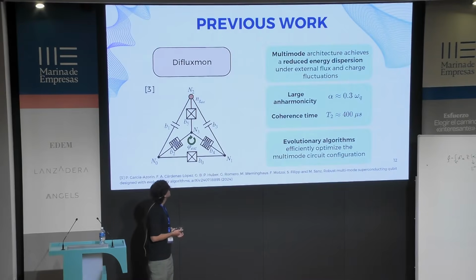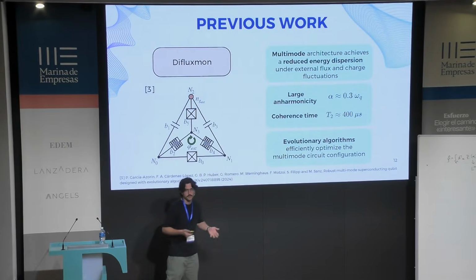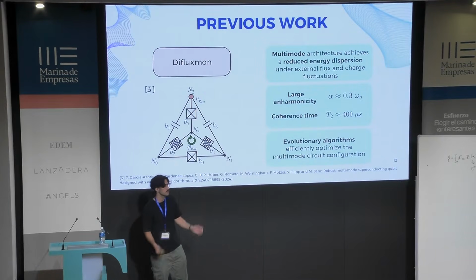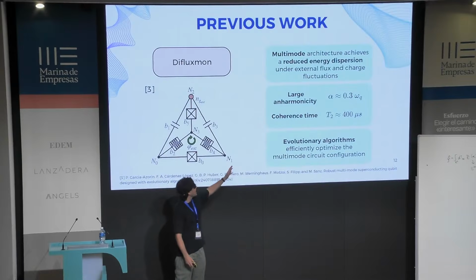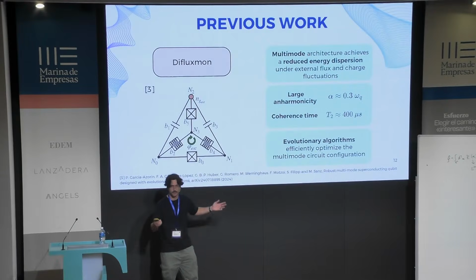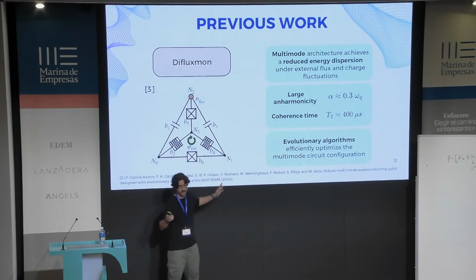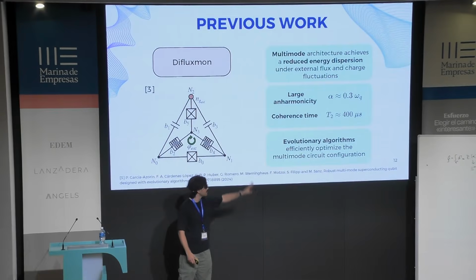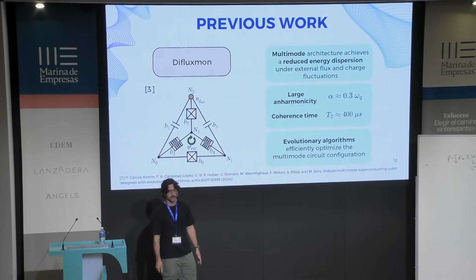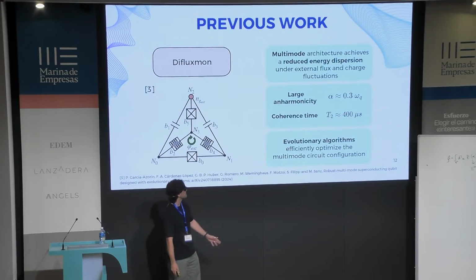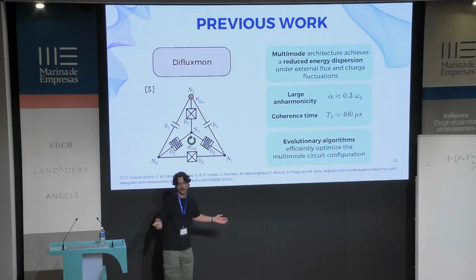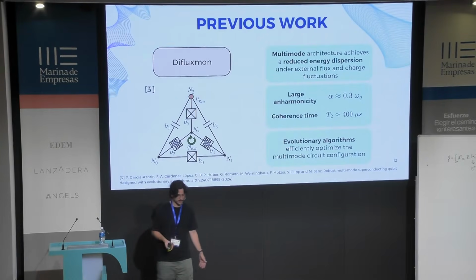This new type of qubit is a multimode qubit, which achieves large anharmonicities of a third of the qubit frequency, so we can apply the rotating wave approximation, and longer coherence times of about double the estimated transmon coherence times, since this is all in simulations, right? So the evolutionary approach is promising, at least.